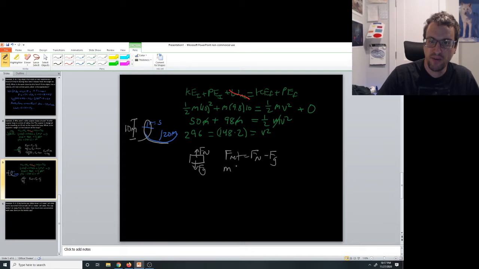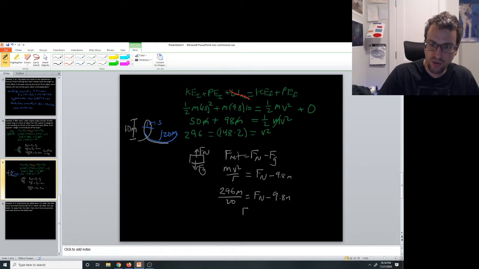Fnet is m v squared over r, equals Fn minus 9.8 times the mass. Again v squared, but this time it's over 20. So we get 296 m over 20 equals Fn minus 9.8 m. And this comes out to a normal force of about 24.6 m.